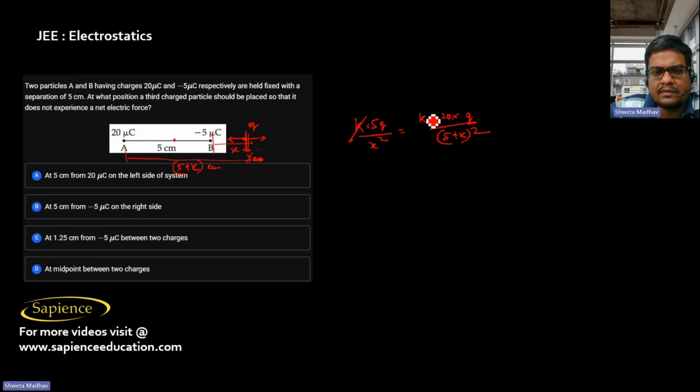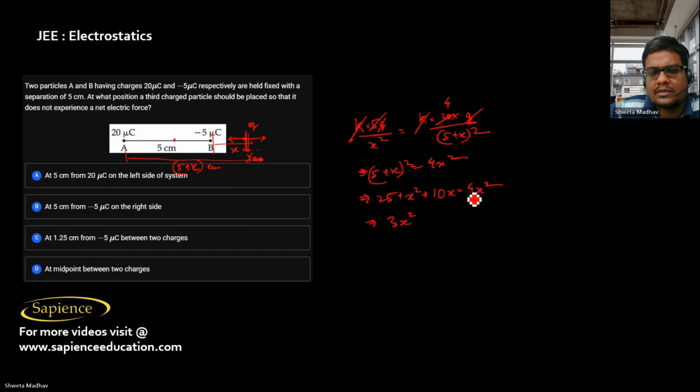So k and k will cancel out, q will cancel out. So 5 fours are 20. Then we can say 5 plus x whole square is equal to 4x square. So now 5 5s are 25, 25 plus x square plus 10x is equal to 4x square. Therefore I can say that 3x square minus 10x minus 25 is equal to 0.